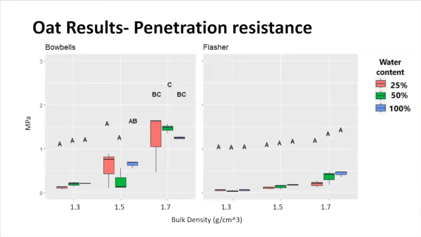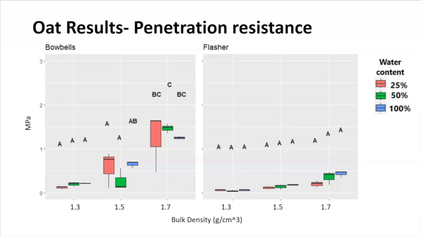So we'll start off with the results, the oat results for this penetration resistance. Some important things to note: our x-axis, these are the bulk density groups. Each figure corresponds with one of the soil types, and they are grouped by water content.